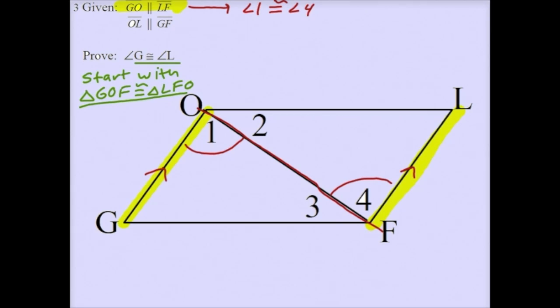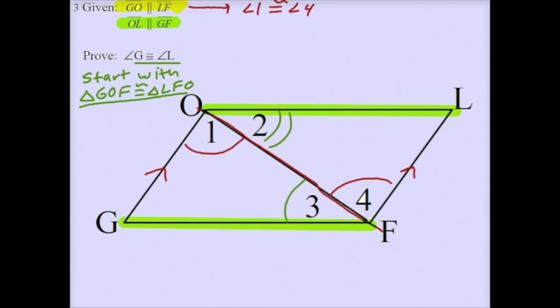Next piece of given information is that OL is parallel to GF. OL refers to this segment, GF refers to this segment, and they're still cut by that red transversal. However, the angles that are congruent because of that fact are different. Angle 2 is created by a green line.